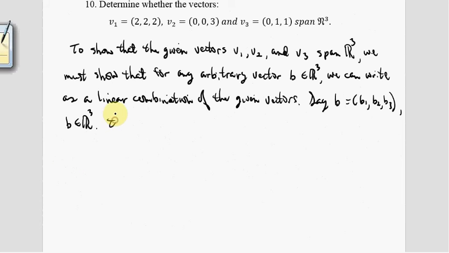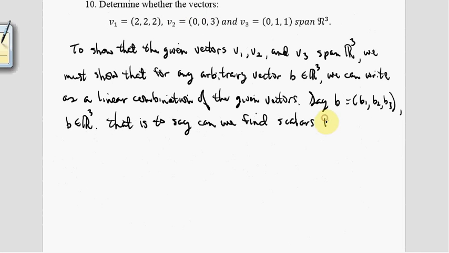So here, that is to say, can we find scalars? Now, how many vectors do I have? V1, V2, V3. I need 3 scalars.